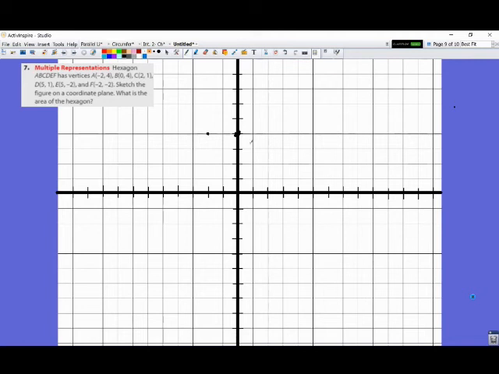We'll make it a little bit bigger. 2, 1, right there. 5, 1, 3, 4, 5, 1.